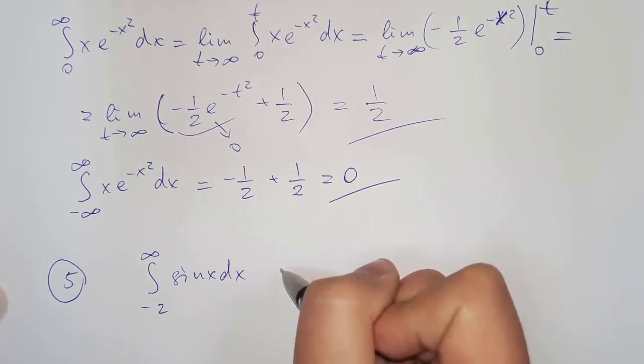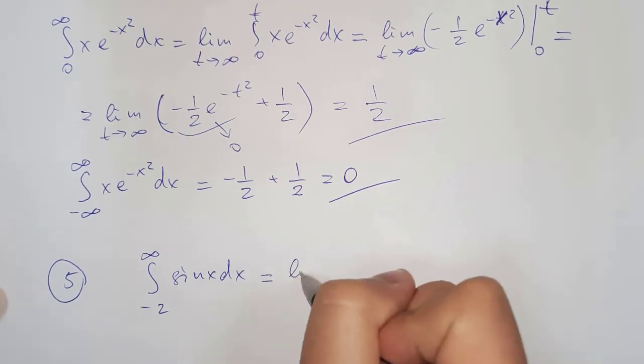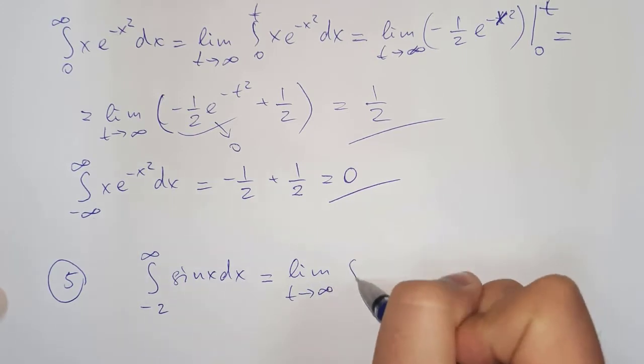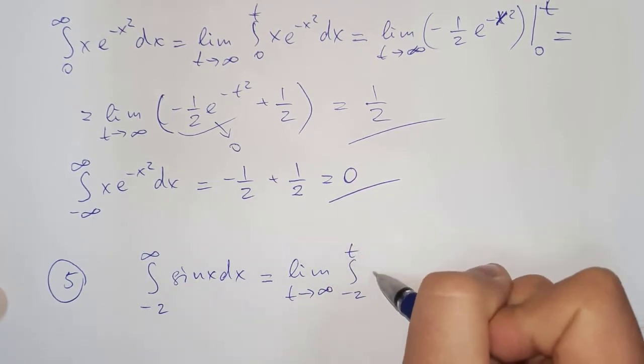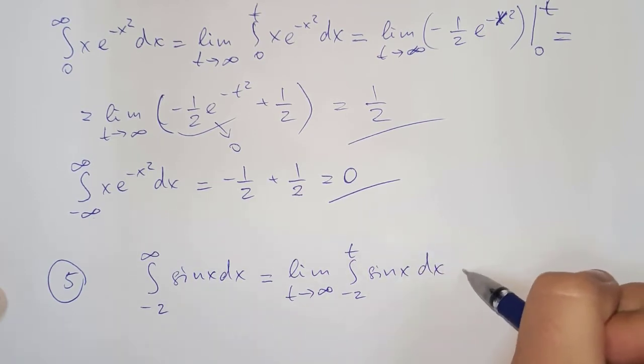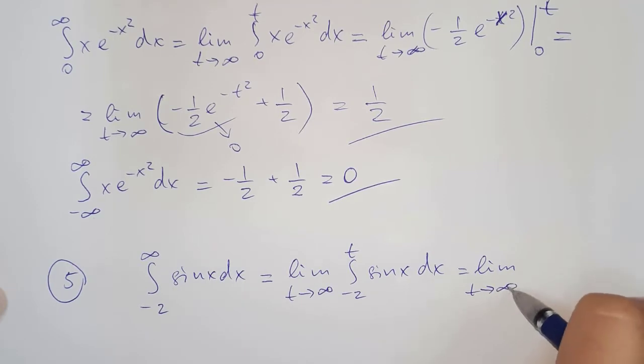Okay, here firstly convert to a limit. It will be the limit as t tends to infinity of the integral from minus 2 to t of sine x dx. It equals the limit as t tends to infinity.